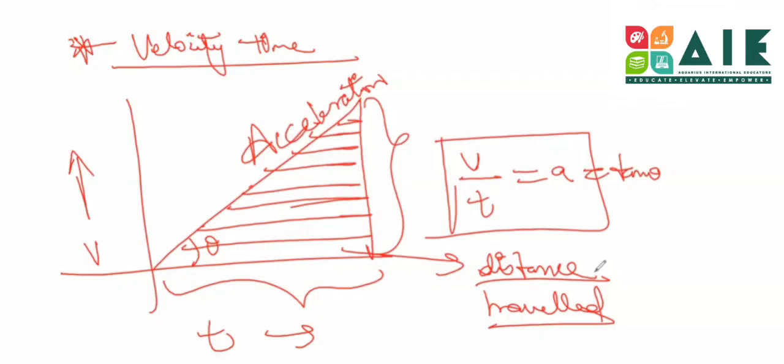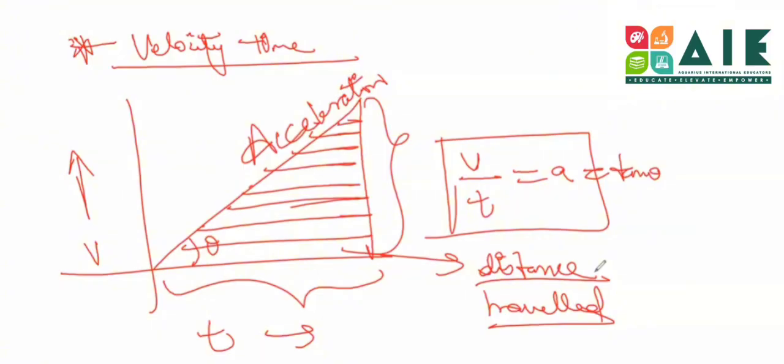Akshita? Yes, ma'am. I have explained two very important things. The slope of the velocity time graph gives me the acceleration, and the area inside the graph gives me the distance traveled by the object.